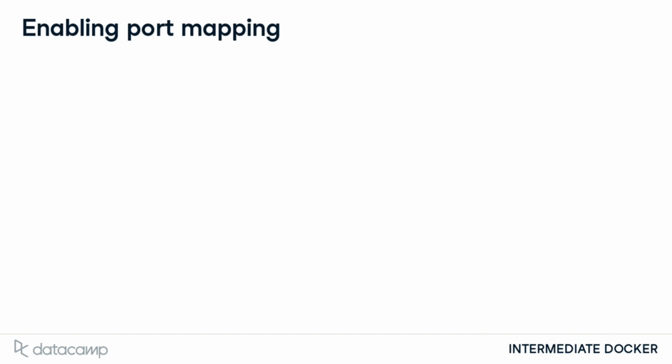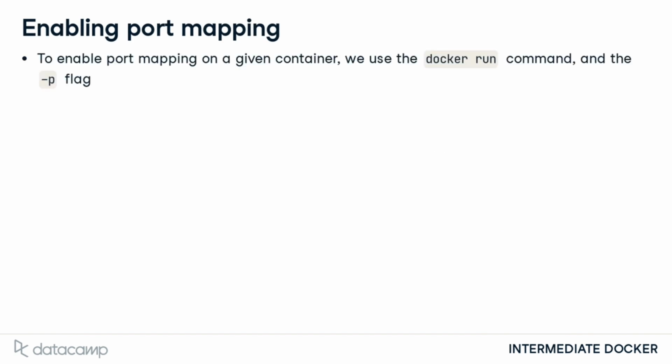To enable port mapping on a given container, we add a flag to the docker run command, the -p flag. This is also known as the publish flag. The -p flag requires 2 arguments written as the host port and the container port. For example, to map port 5501 to port 80 in the container, we would use -p 5501:80.